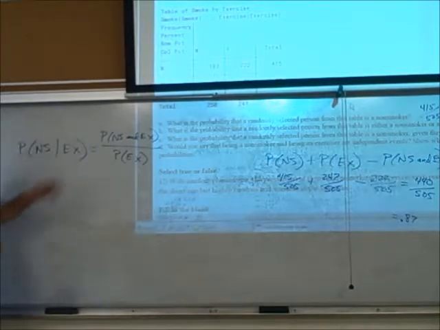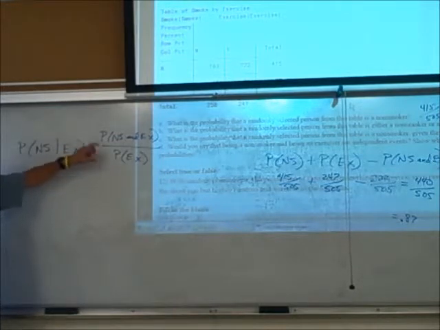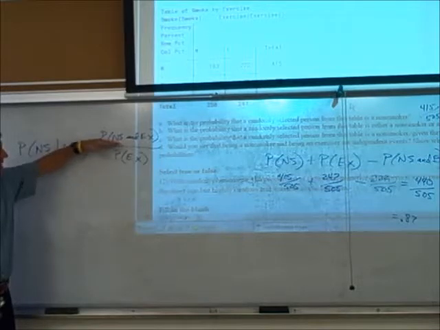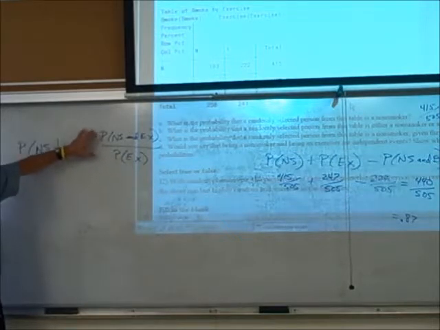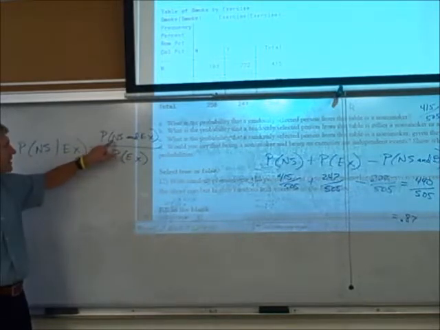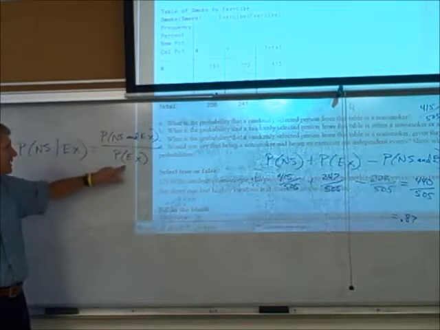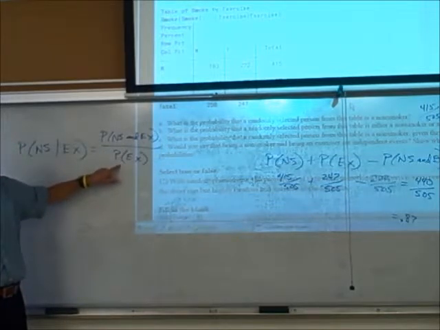But in this case, dividing probabilities is just the same as dividing numbers, because the top is divided by 505, and the bottom is divided by 505, so they cancel. So I don't have to worry about the probabilities. I can just say it's the number who are both, divided by the number of exercisers.